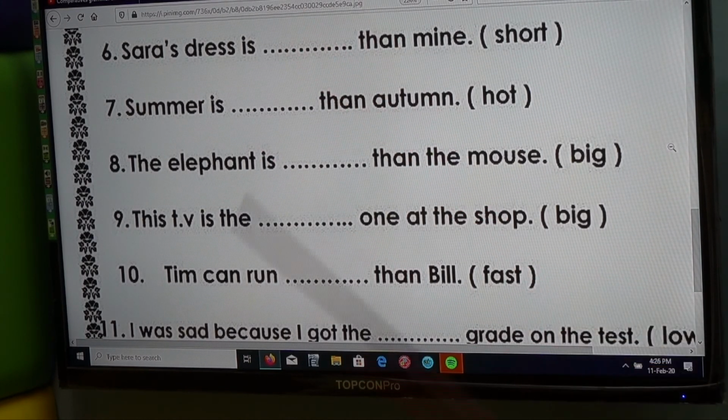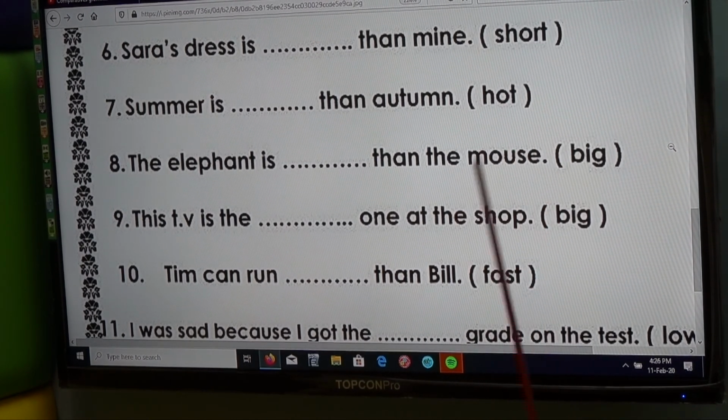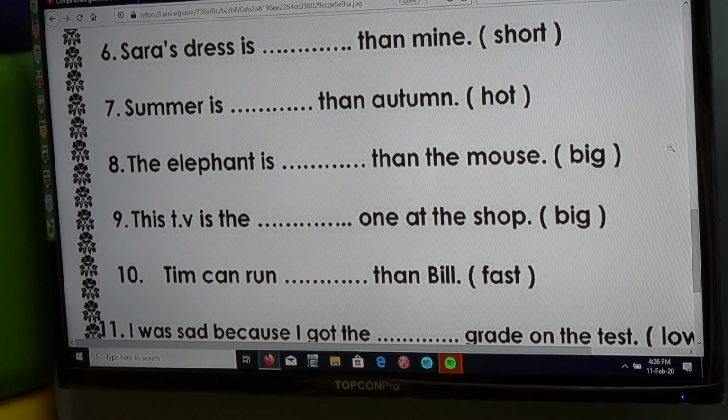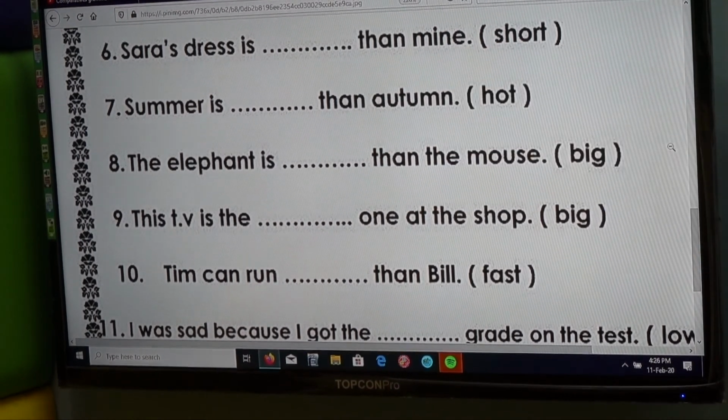Sarah's dress is what than mine? Short. Which one is the adjective, everyone? The adjective here is short. Good job. How many things are they comparing in the sentence? That should be 2 things, right? Sarah's dress and mine. It means my dress.